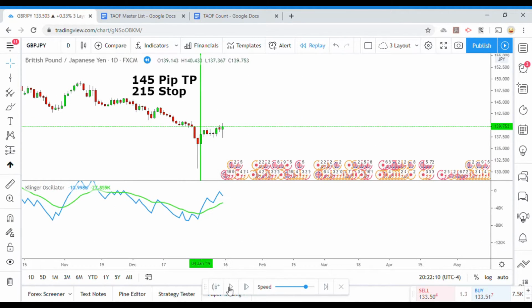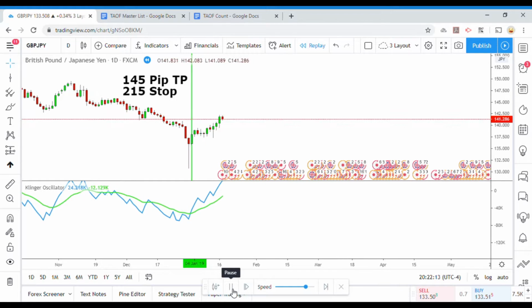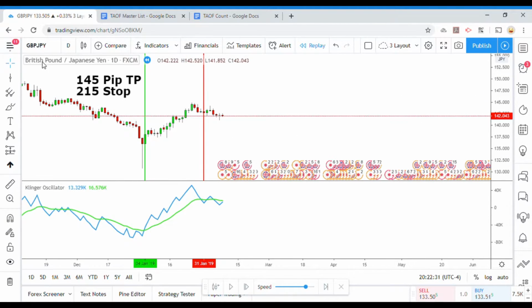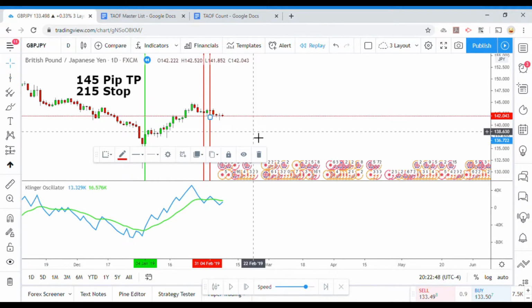That, of course, has been explained in other videos. The Great Britain pound versus Japanese yen is quite a fast and big mover, so it tends to swing around quite a bit.